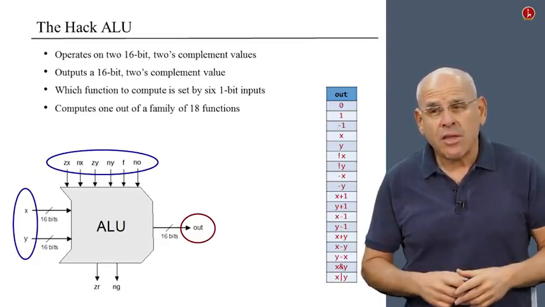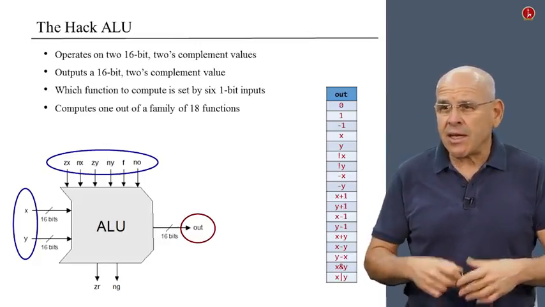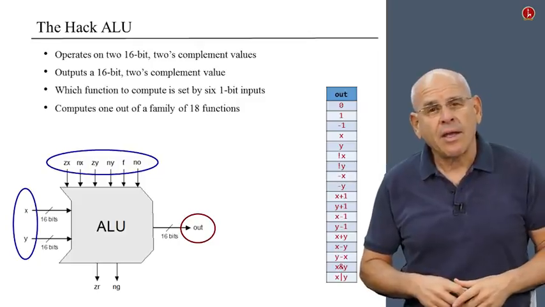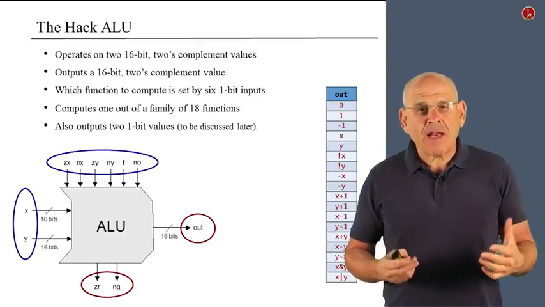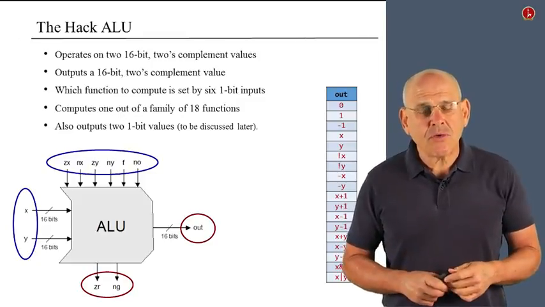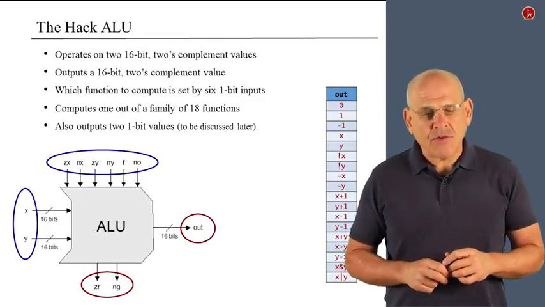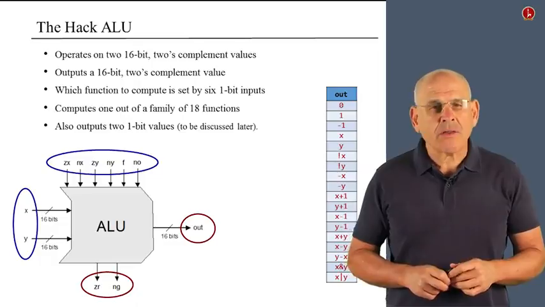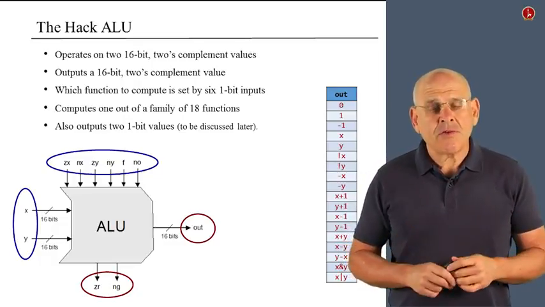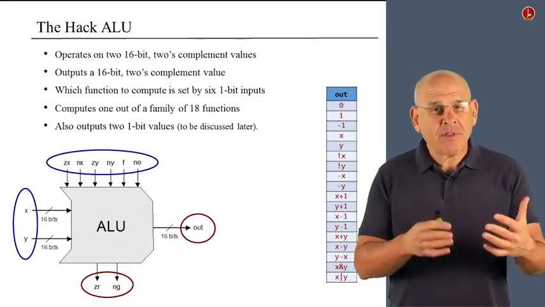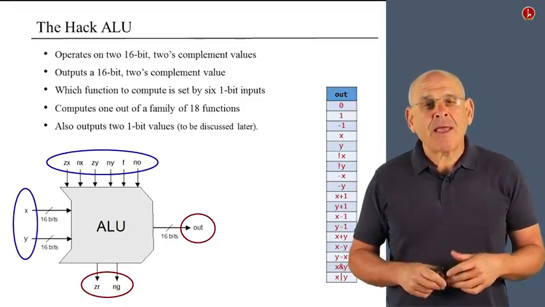And other functions are more involved and interesting, like x plus y, x and y, and so on. As we see from the diagram, the ALU also computes two 1-bit control outputs, which are called ZR and NG.